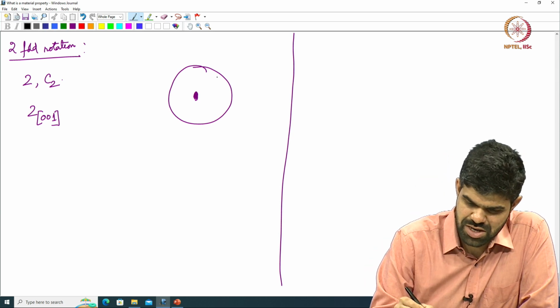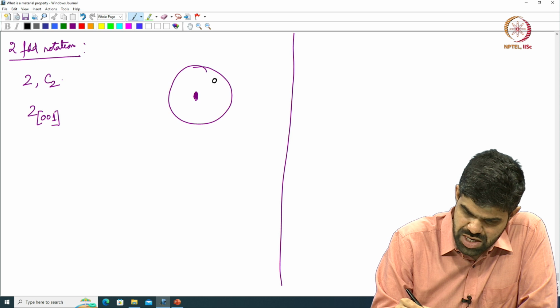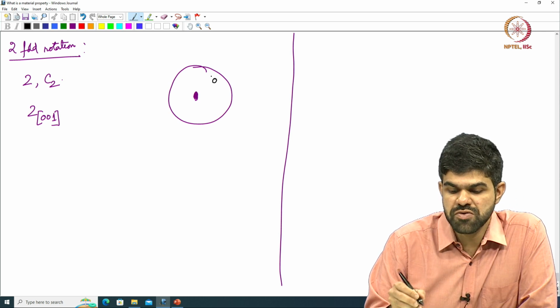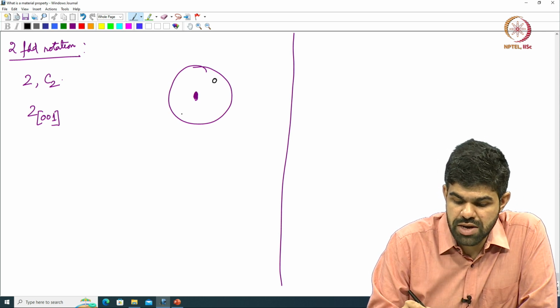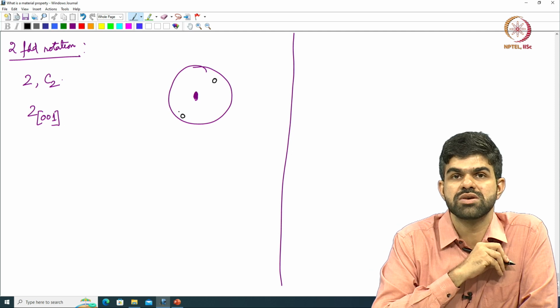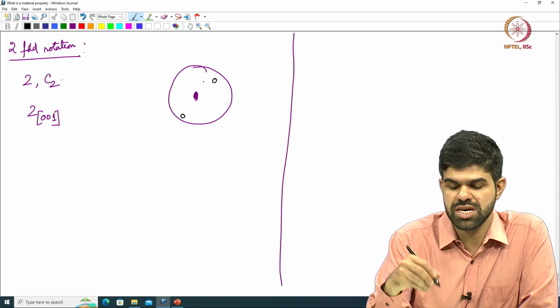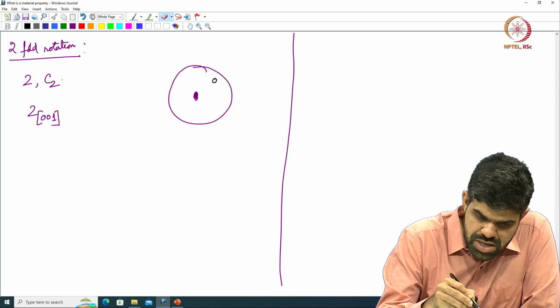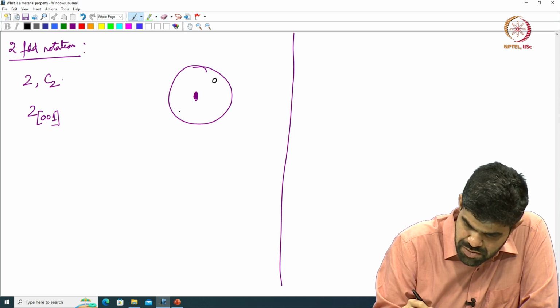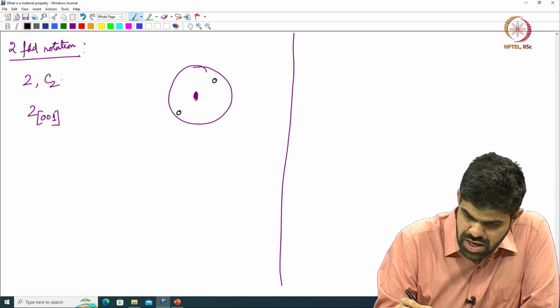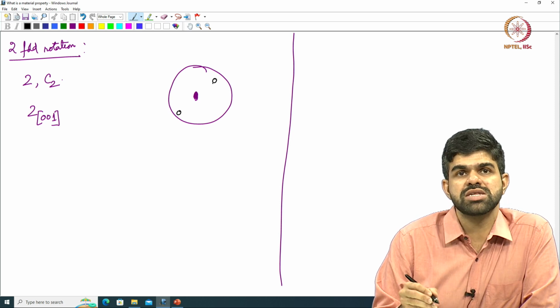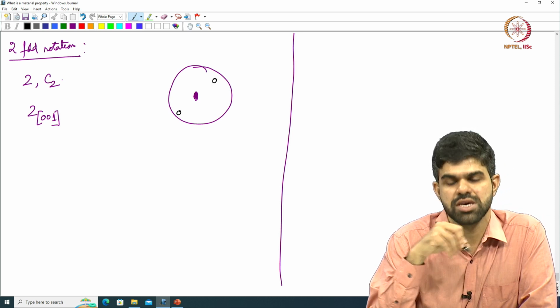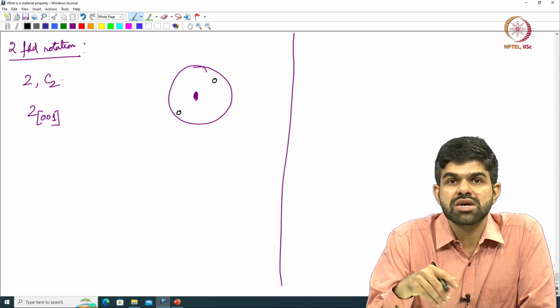If there is an asymmetric unit here, because of two-fold rotation I should also have the same asymmetric unit here. So, when I rotate it by 180 degrees, it does not look like I rotated it by 180 degrees, but you can imagine that that is the case. If there is an asymmetric unit here, the same asymmetric unit should be here. So, this is the complete stereogram.